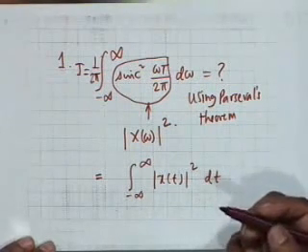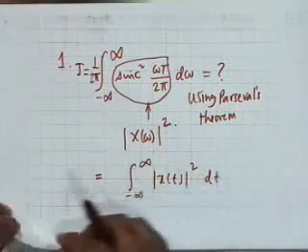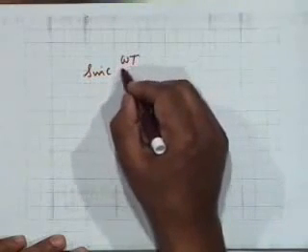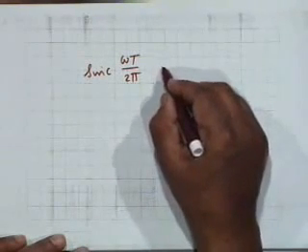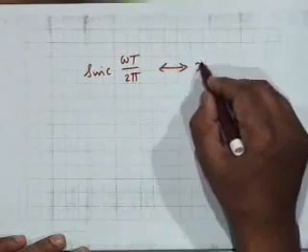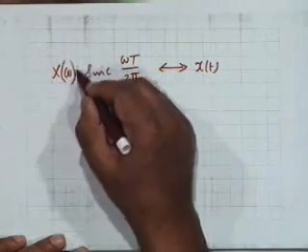The only problem therefore is to find x of t corresponding to this capital X of omega. And this we have done several times in the past, that is, sinc of omega T by 2 pi is the Fourier transform of x of t. This is X of omega.